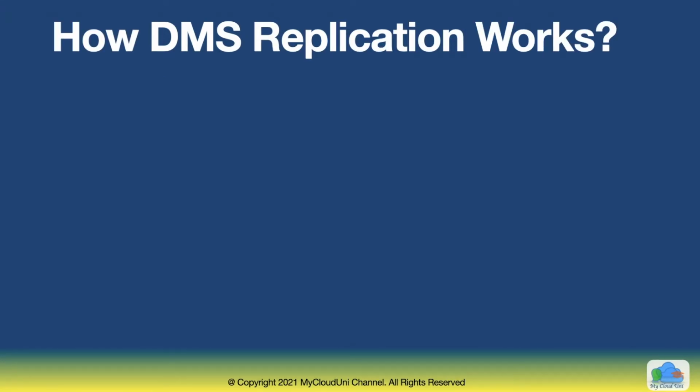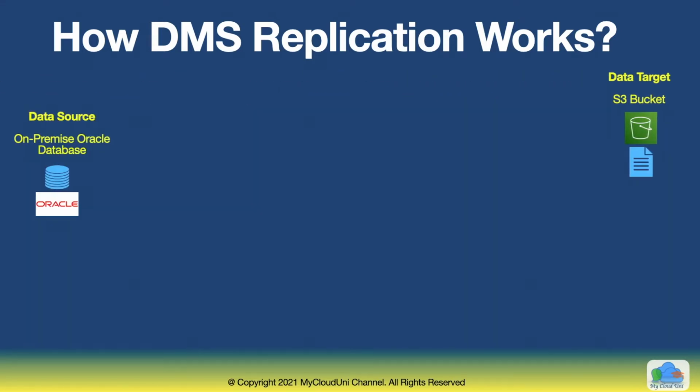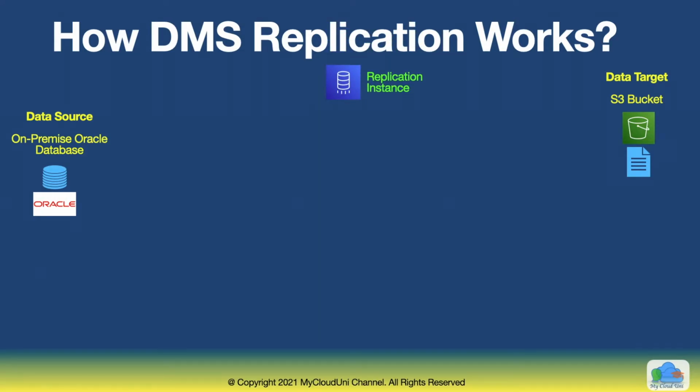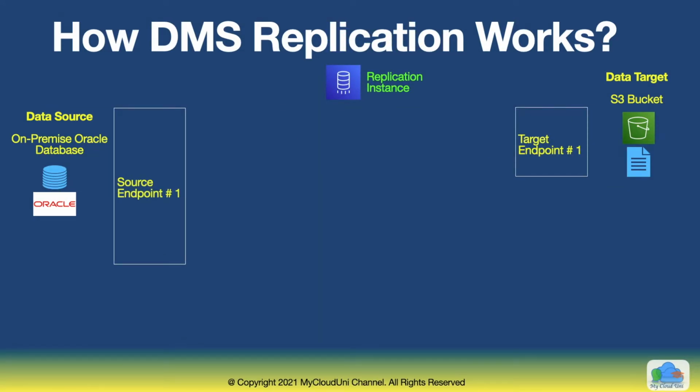And again, let's look closely at how this replication works. Let's say you've got a data source which is an on-prem Oracle database, and let's say your target is an S3 bucket. Let's say you've got a source endpoint and target endpoint defined, and you've got a replication instance up and running as well.